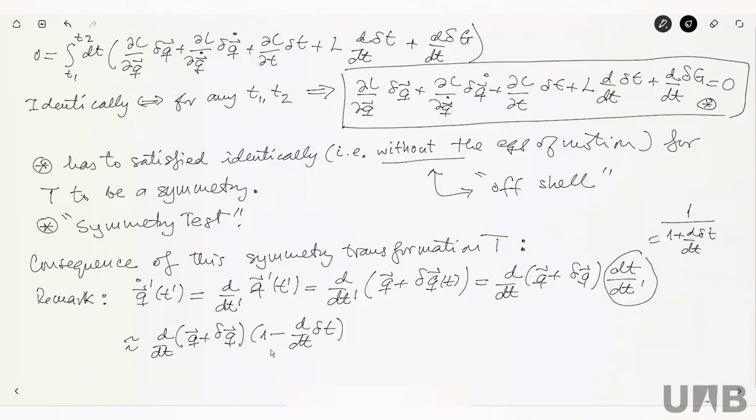And here I still have to keep the expansion to first order in variations. So that means the derivative of Q with respect to time, that is Q dot, okay? And then the derivative with respect to time of delta Q. All right, and this whole thing multiplied by 1 minus the derivative with respect to T of delta T, plus order delta T squared, or order epsilon squared in general.